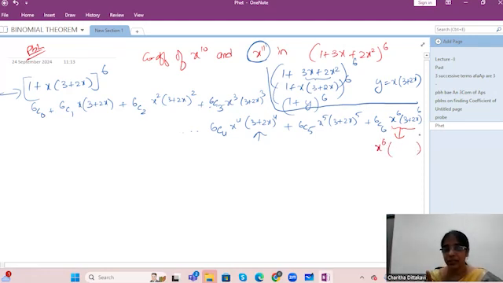I need x to the power 5 to make it x to the power 11, right? So I want x to the power 5 in that expansion. x to the power 5 in the sense I will get it at 6C5, isn't it? So here I will have 6C5, which is 3 to the power 6 minus 5 and (2x) whole to the power 5. Clear?